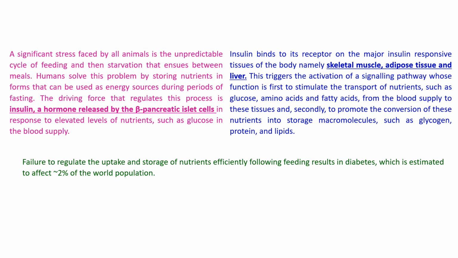Insulin binds to its receptor on the major insulin responsive tissues of the body, namely skeletal muscle, adipose tissue, and liver. This triggers the activation of a signaling pathway whose function is first to stimulate the transport of nutrients such as glucose, amino acids, and fatty acids from the blood supply to these tissues, and secondly, to promote the conversion of these nutrients into storage macromolecules such as glycogen, protein, and lipids.